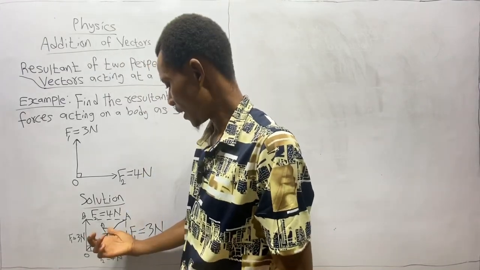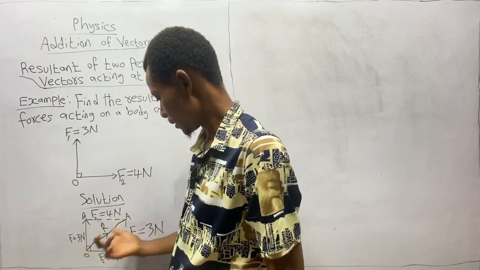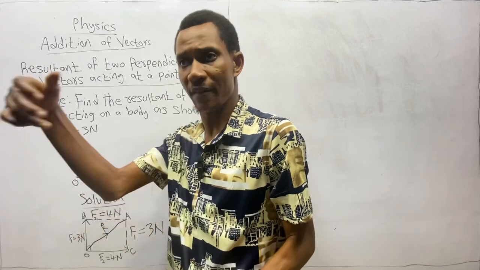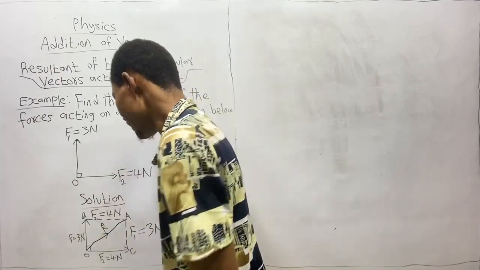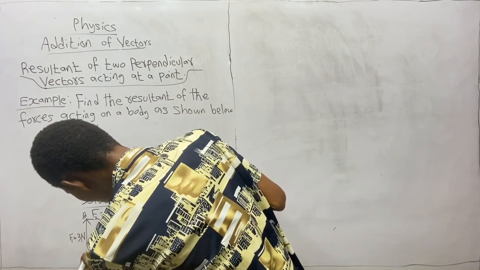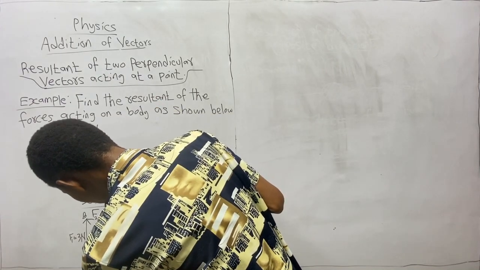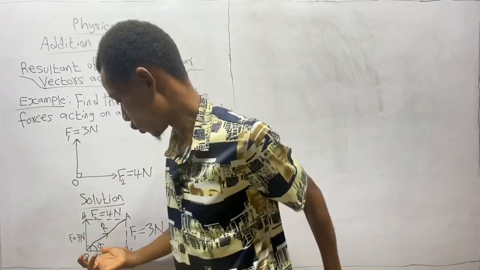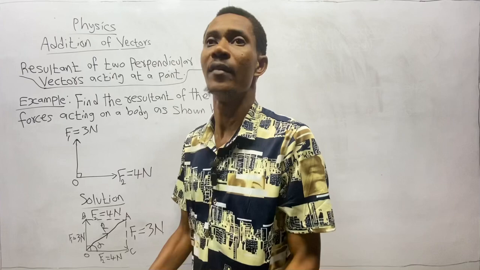Where the arrow here, which is this length, represents the magnitude of the resultant vector, while the angle that this diagonal makes with the horizontal gives you the direction of the resultant vector.